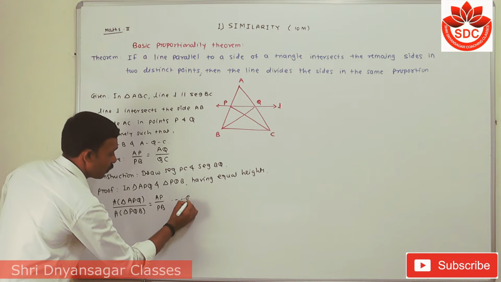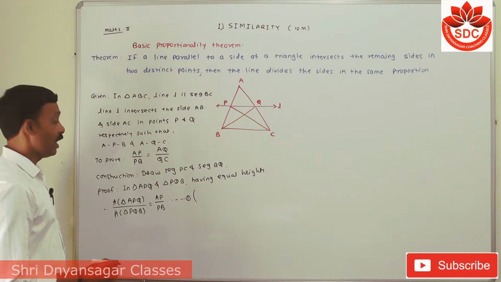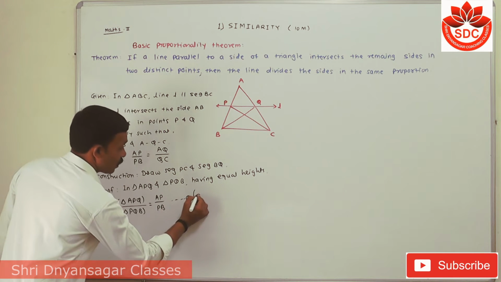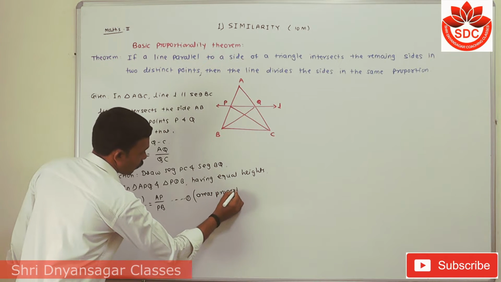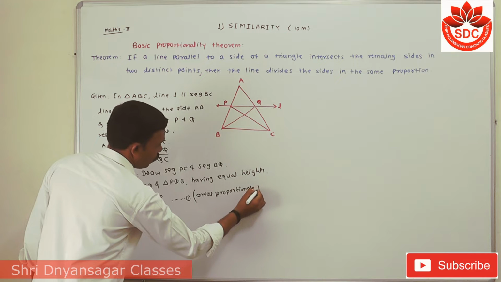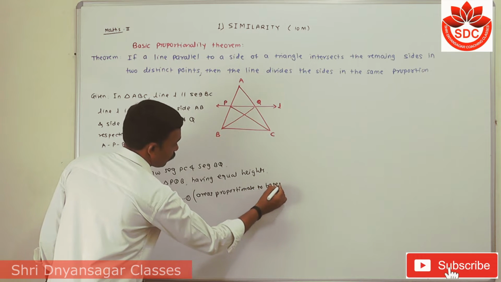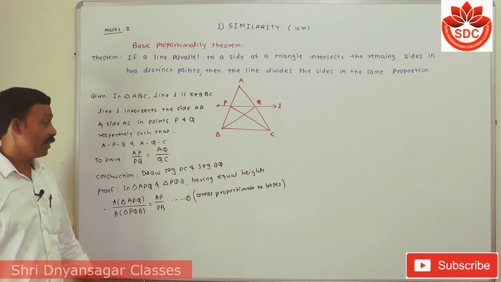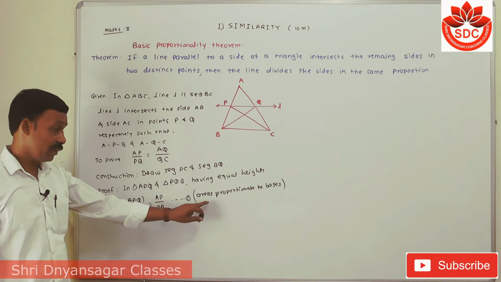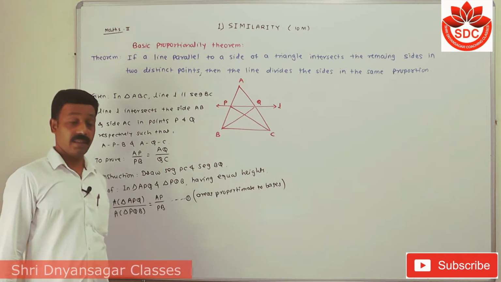Suppose this is equation number first, and the reason is areas proportionate to bases, or you can also write triangles having equal heights.